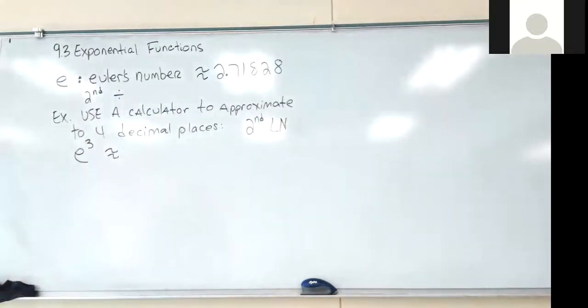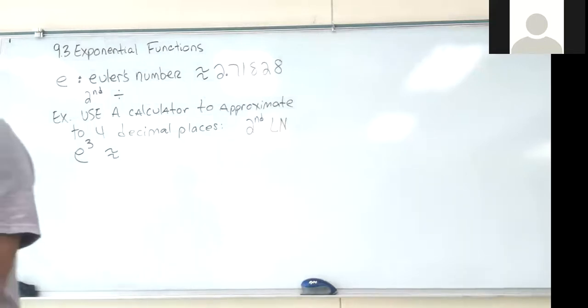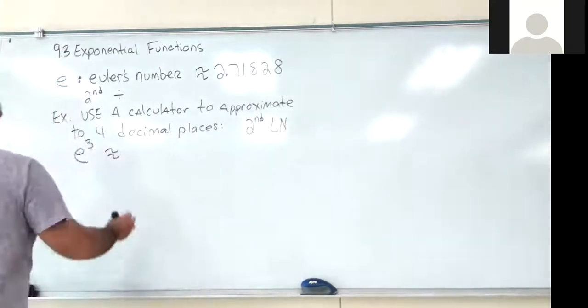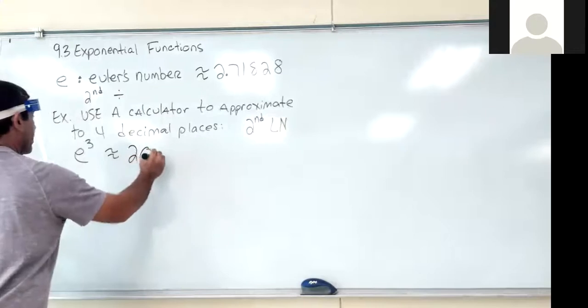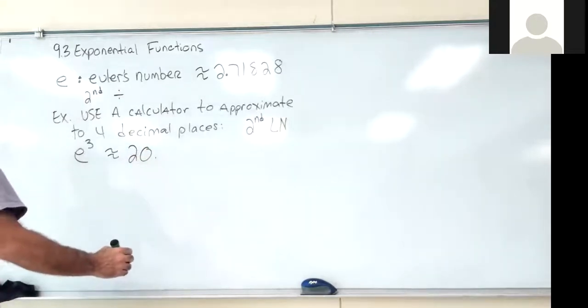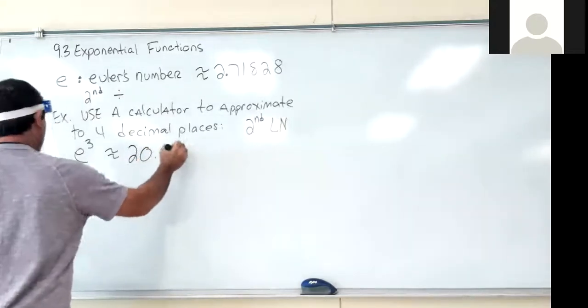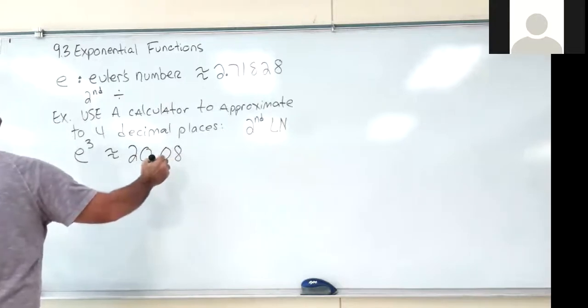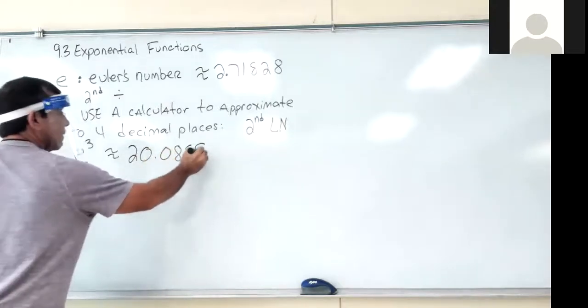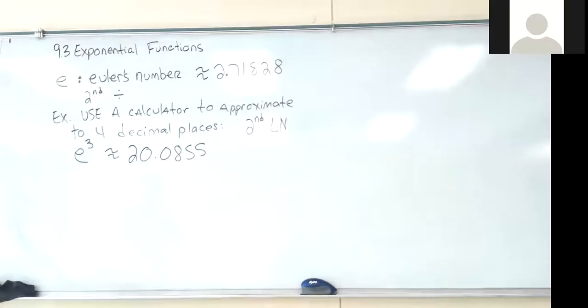So you got an ln on the left side of your calculator, right by the 4. So if you'll hit the blue button and then the ln button, it'll pull the e up, ready for the exponent to go in. And then I'll just punch in my 3 there and hit enter. So let's see, it'll be 20, and then we need what, 4 decimal places? Looks like 20.0855.